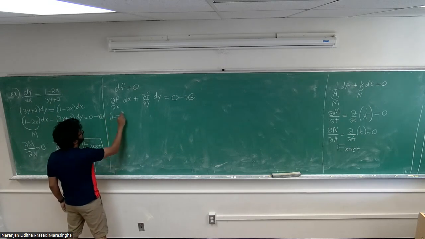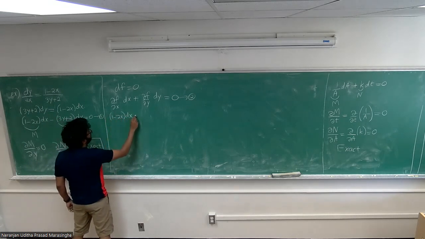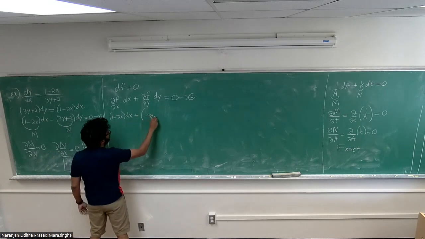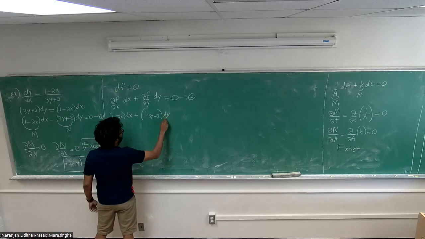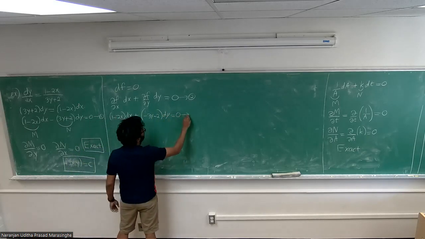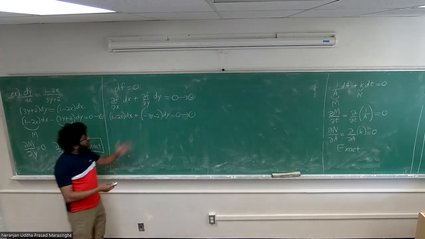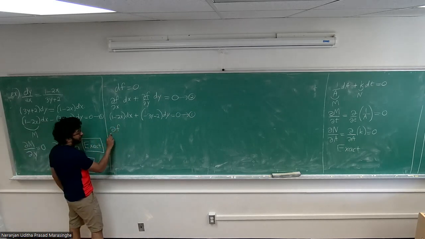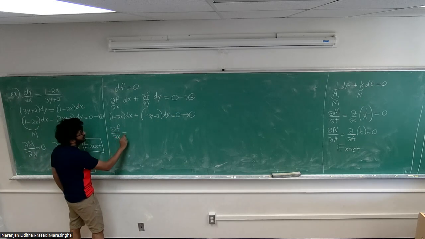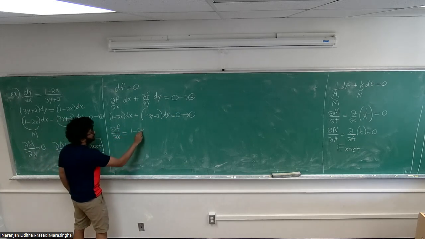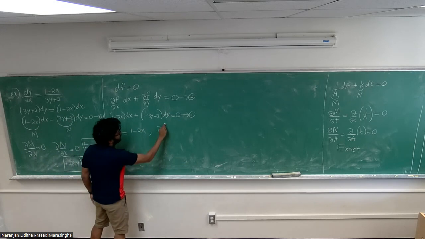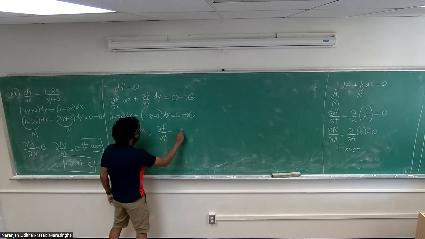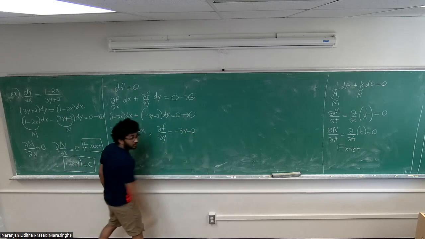So what does one say? (1 - 2x) dx plus (-3y - 2) dy equals 0. Okay. If you relate them, what can you say? The partial derivative of F with respect to x is going to be 1 minus 2x, and the partial derivative of F with respect to y is going to be minus 3y minus 2.